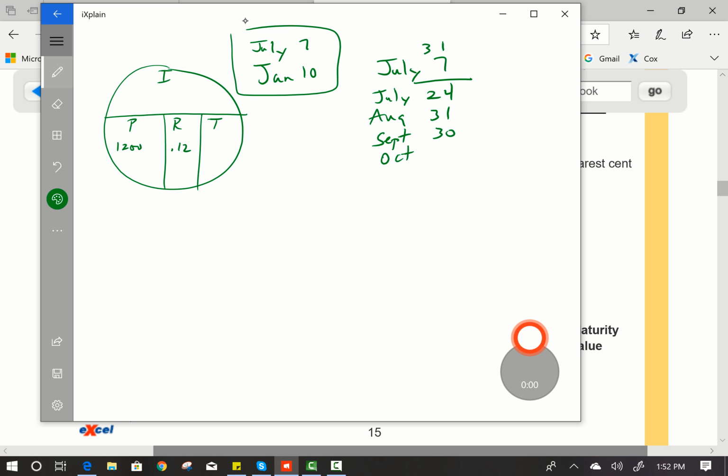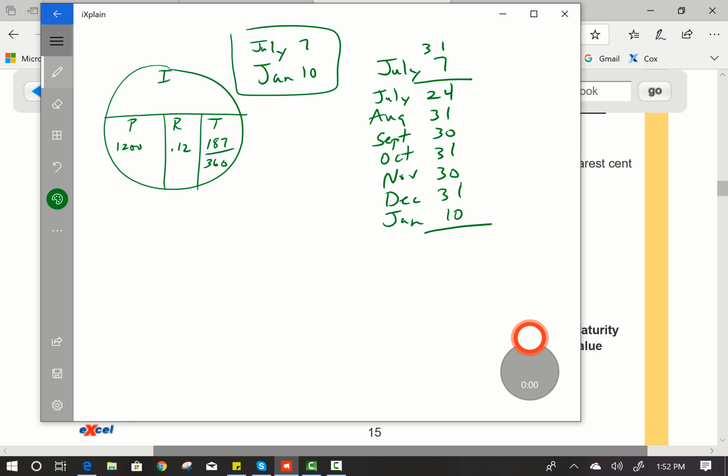October, there's 31. November, there's 30. December, there's 31. And in January, that's the maturity date. That goes through the 10th. So that comes up to 187 days over 360, since this is based upon banker's method or ordinary interest.